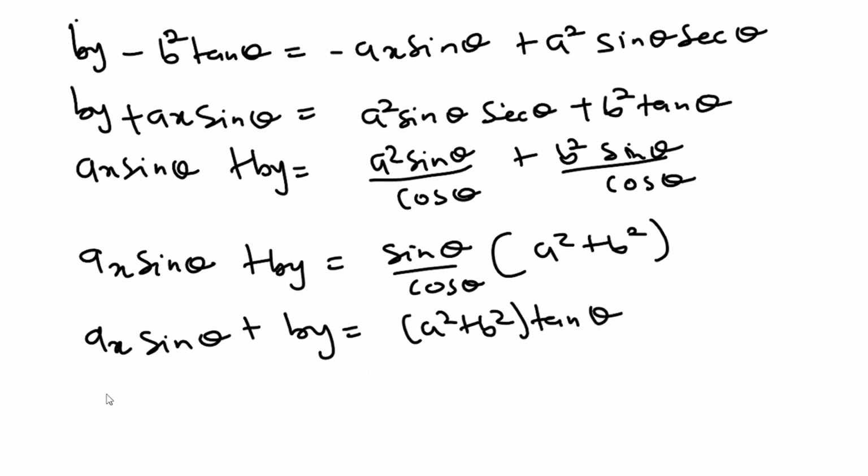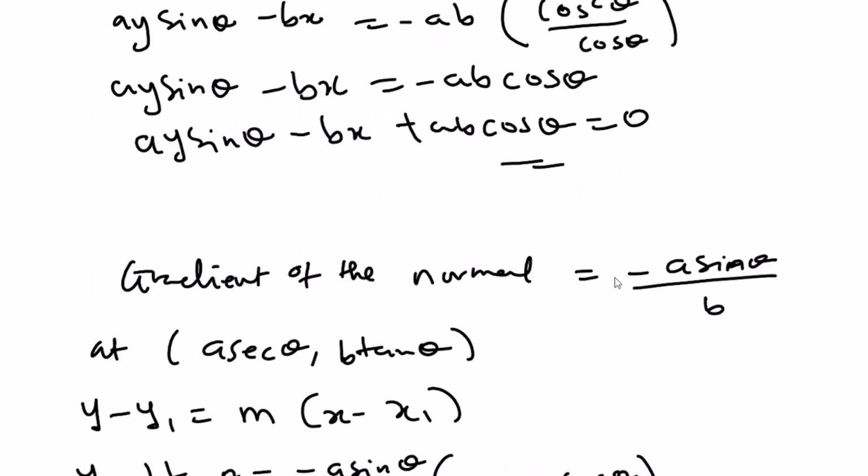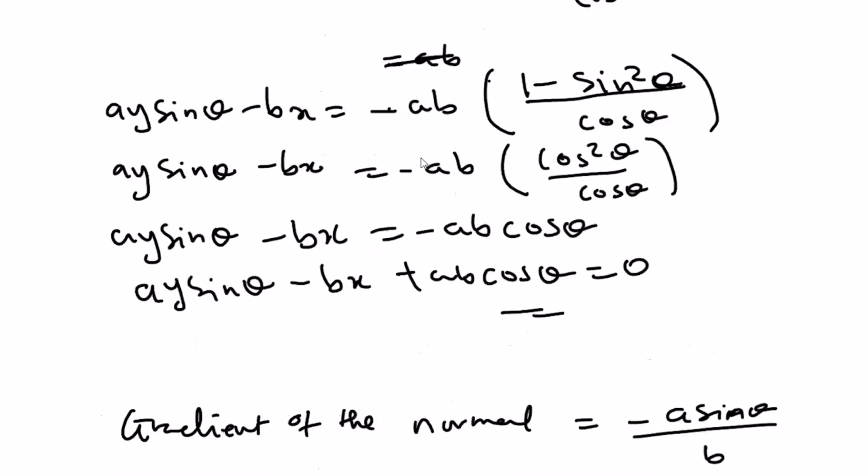Now we can write this one as ax sine theta plus by minus a squared plus b squared tan theta being equal to 0. So that is that. The question was demanding for the equation of the tangent and the normal, and this is the equation of the normal, and we have the equation of the tangent here.